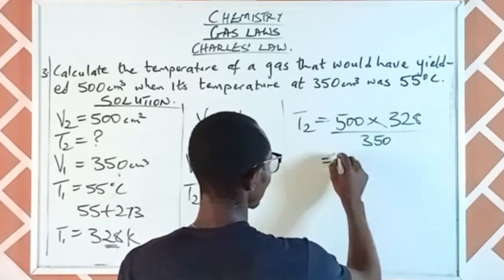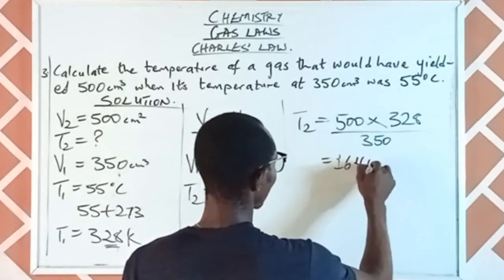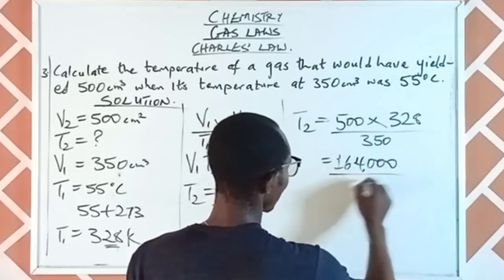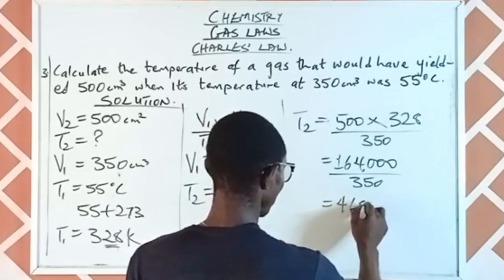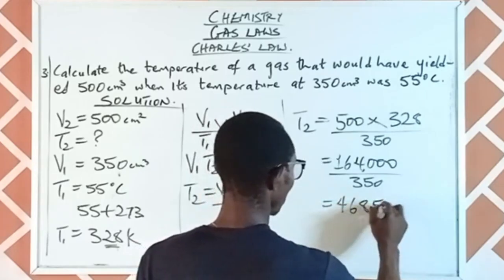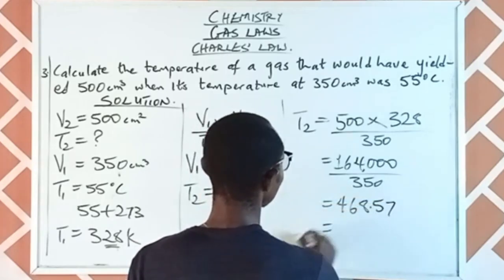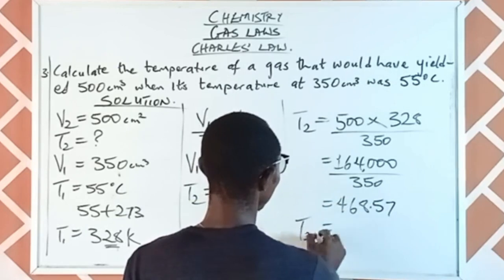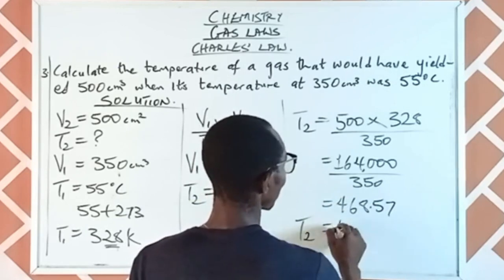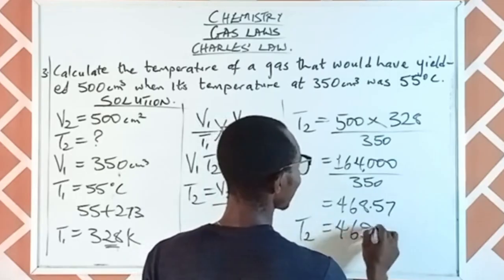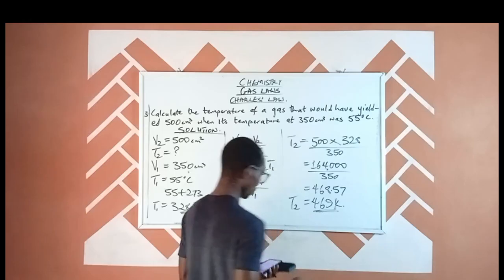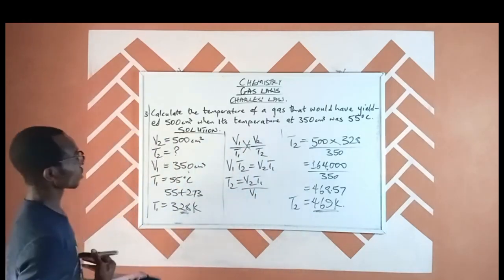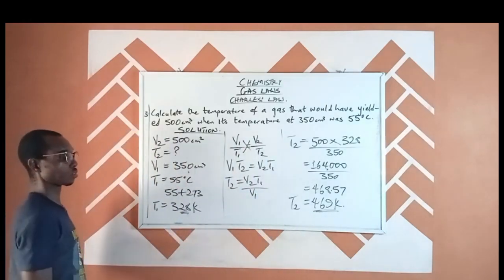So that gives us 164,000 divided by 350 to give us 468.57. So when we make it a significant number, we have 469. Since it is temperature, it is going to be in Kelvin. So that is how that question is going to be solved or calculated.